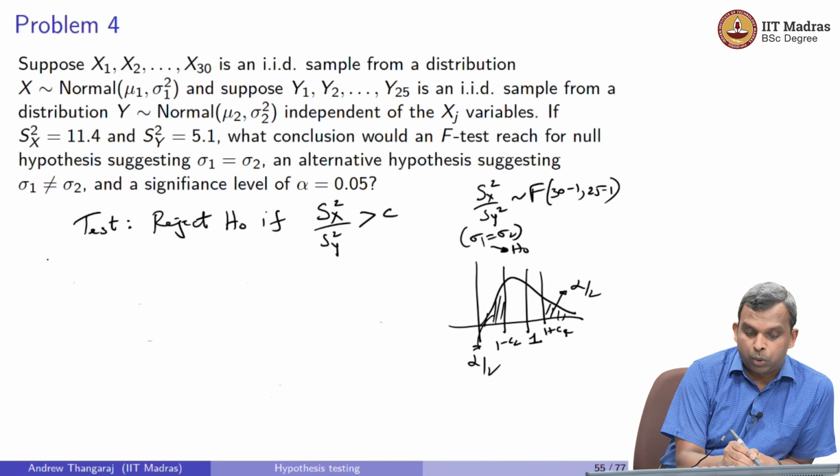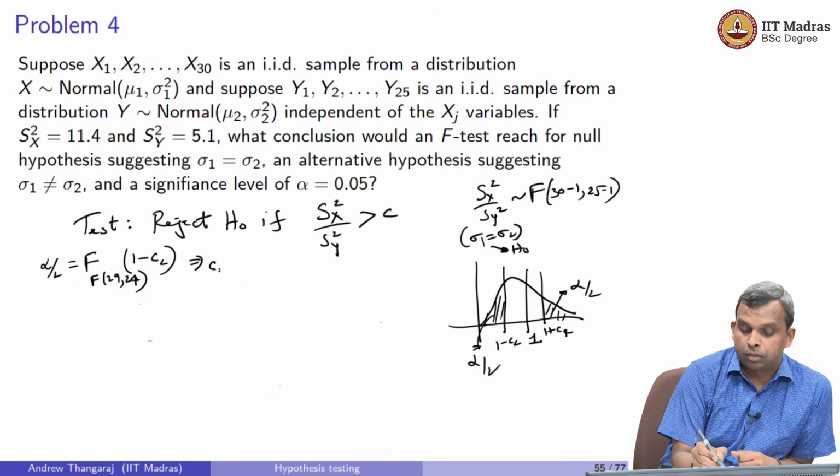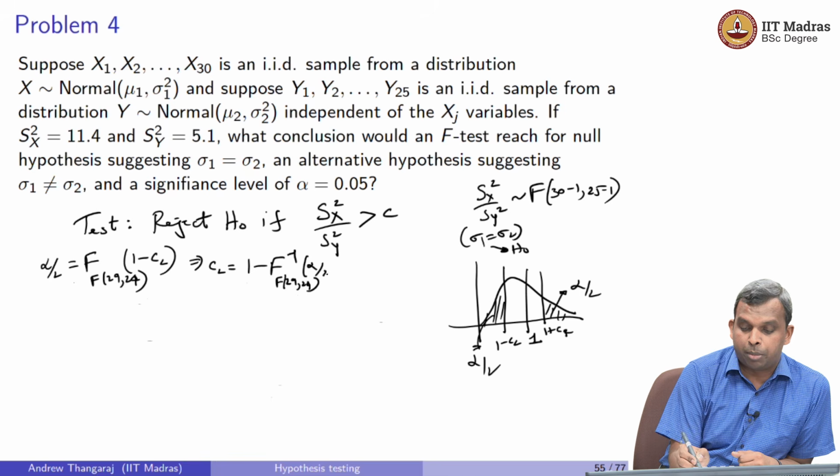So alpha by 2 for the left part equals F of 29 comma 24 of 1 minus CL, isn't it? So CL equals 1 minus F of 29, 24 inverse of alpha by 2.